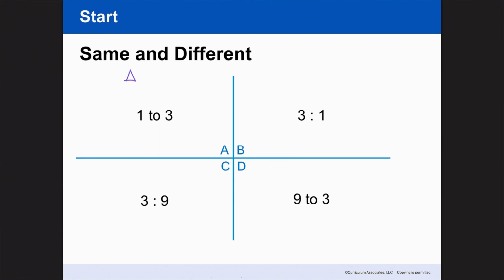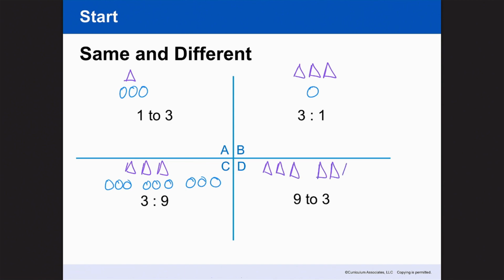So we're going to have 1 triangle to 3 circles, 3 triangles to 1 circle, 3 triangles to 9 circles, and 9 triangles to 3 circles. So I'm going to go ahead and write those out. Okay, so now I'm going to look, what are the same and what are different?